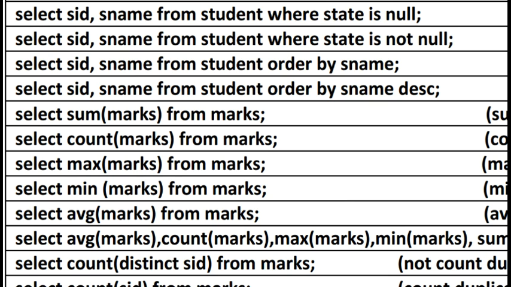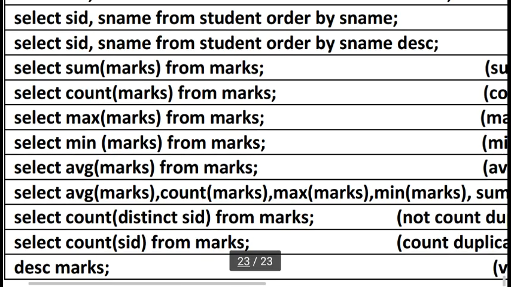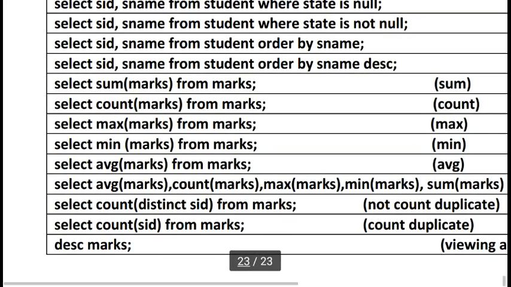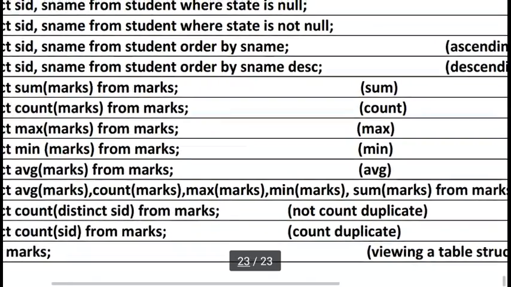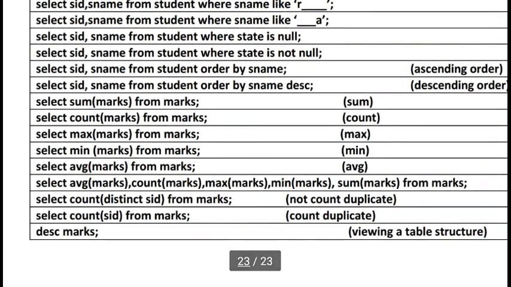Select min of marks, it will display the minimum value of the marks column. Select average, it will display the average of marks. And you can also combine all these aggregations in one line: select average marks, count marks, max marks, min marks and sum from marks. So you can use this single line and it will display the aggregation result.